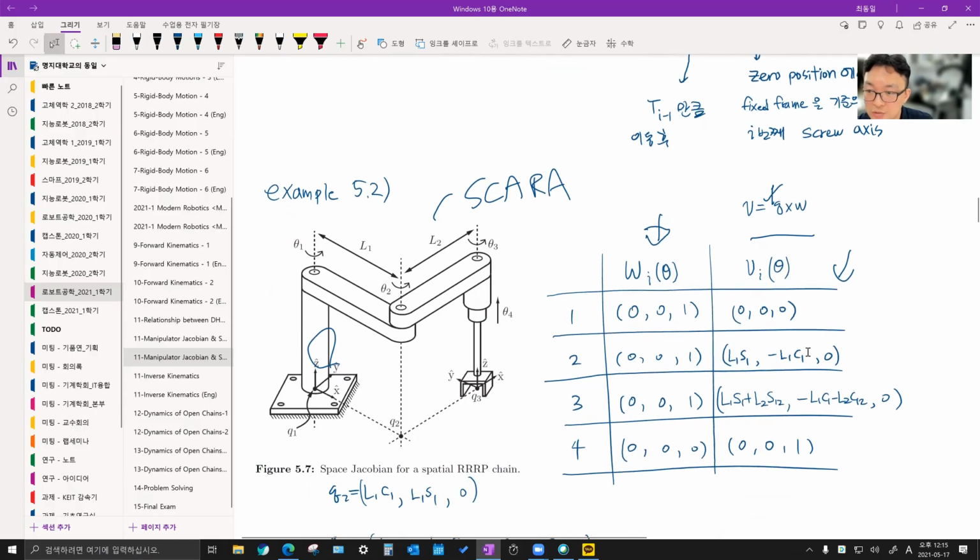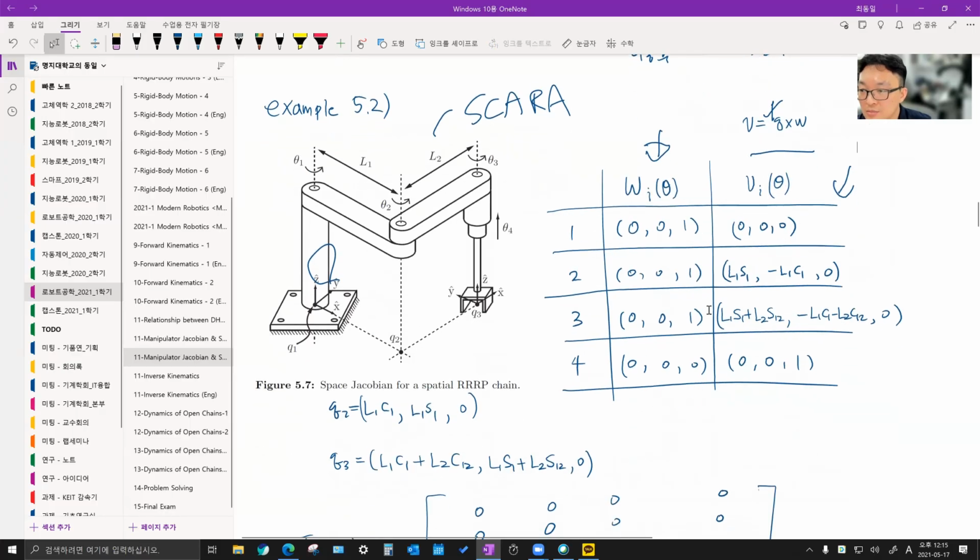The screw axis we only found in the zero configuration in the forward kinematics, but in case of Jacobian, we have to find it as a function of the variable theta. So there is some movement depending on the variable theta. So in case of Q, it is a function of theta.